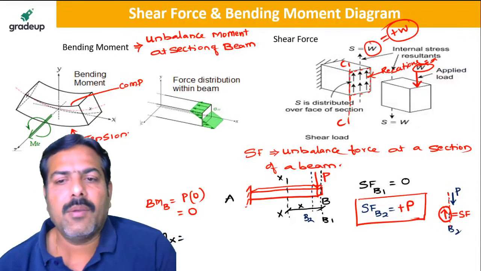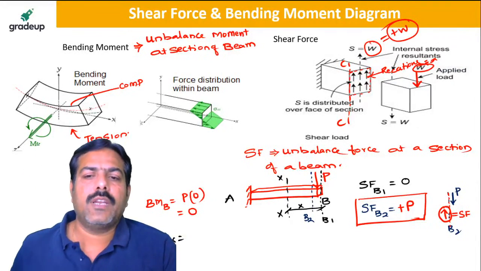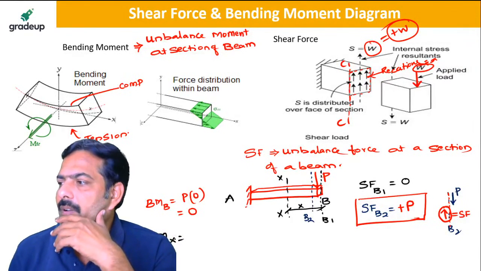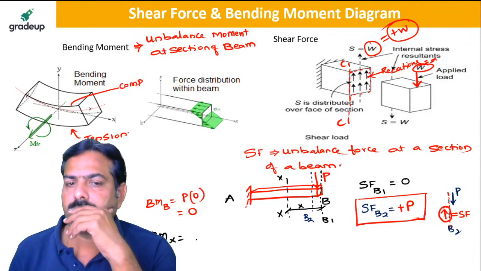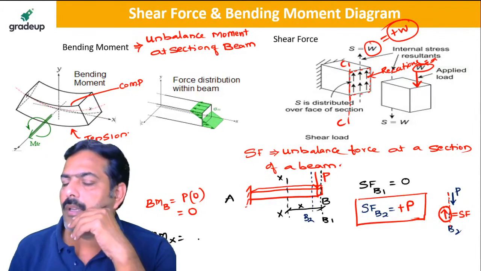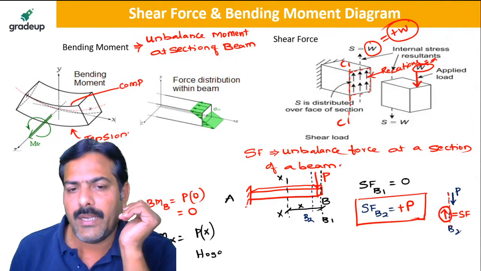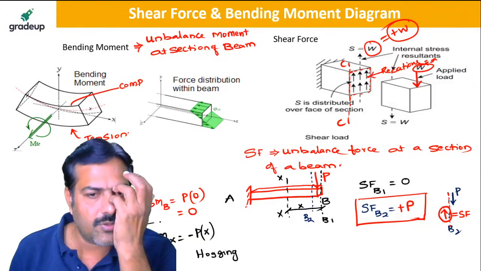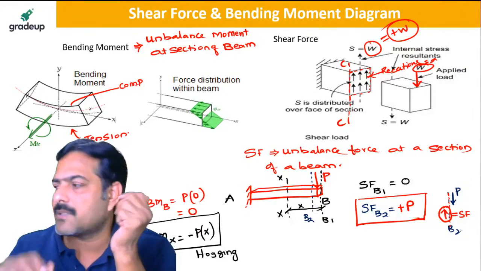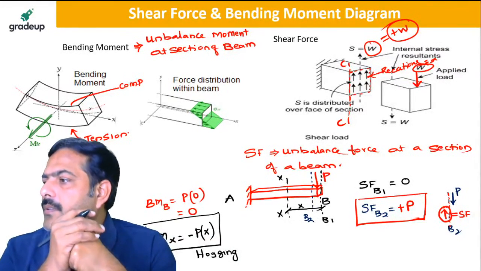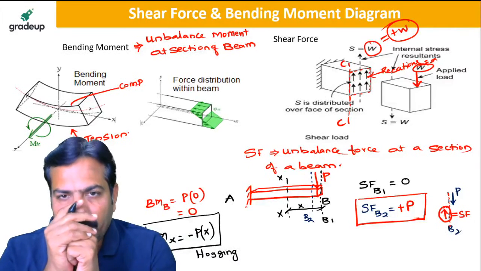So my dear friend, bending moment at B is equal to 0, but what is the value of the bending moment at x? Very good. It is P into x and it is a hogging moment. Hence it is regarded as negative. Right? This is what we have studied. So very clearly I will just explain you with an example just now.